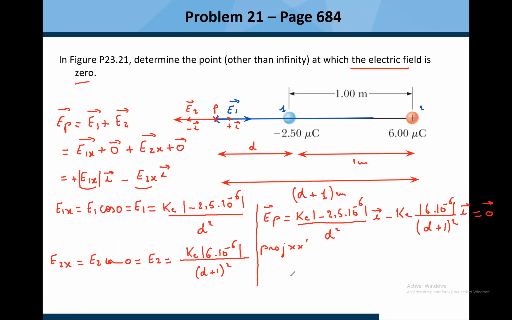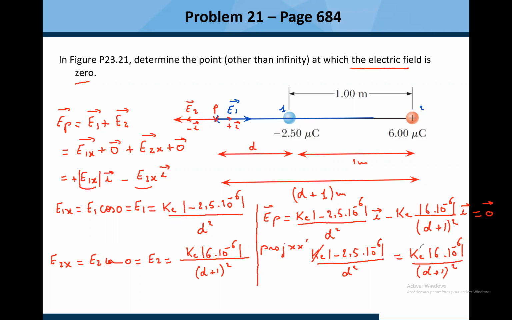So we can write here k times minus 2.5 times 10 minus 6 over d square equal to the other side, k times 6 times 10 minus 6 over d plus 1 square.